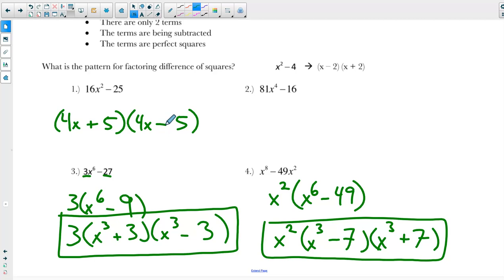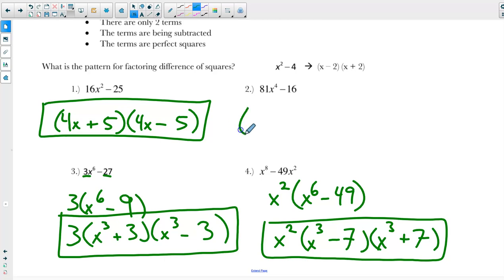So let's talk about this just a little bit more. Can I factor anything else in here? No. So I'm going to put a box around it. But I got to ask myself that. Next one: square root of 81. 9. Square root of x to the 4th. Yeah, x squared.